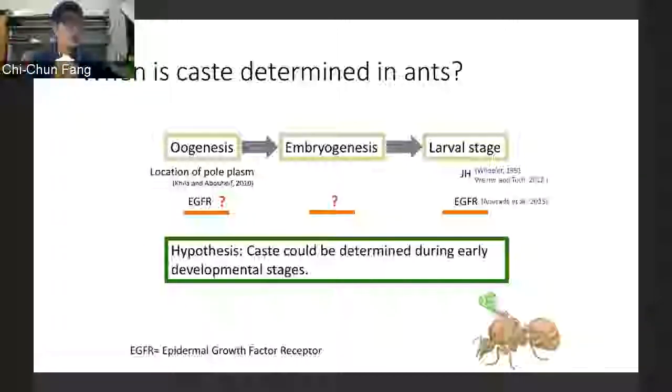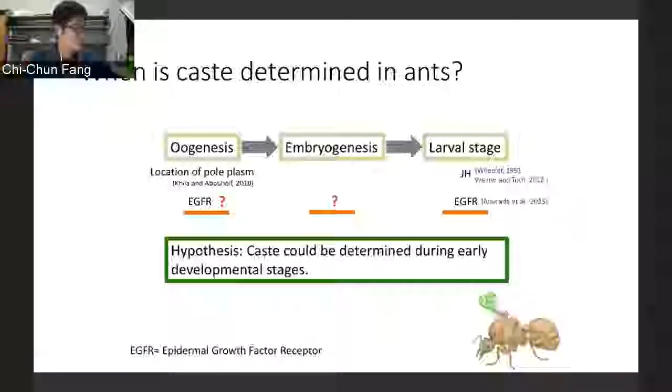Then in 2015, another group figured out that EGFR, the epidermal growth factor receptor gene, plays another important role during the late larval stage, and may be involved in caste determination. But the other group from Canada, Abouheif's lab, published a series of papers back in 2008 and 2010.